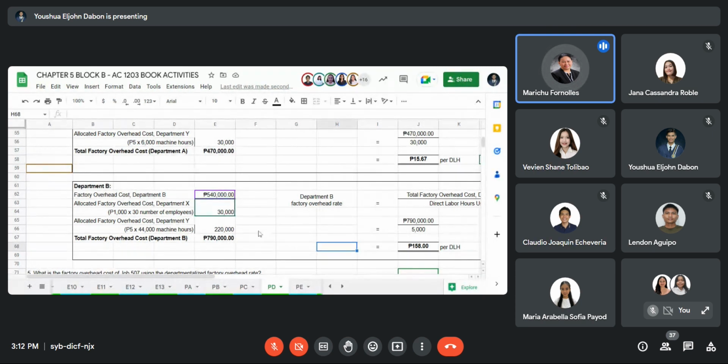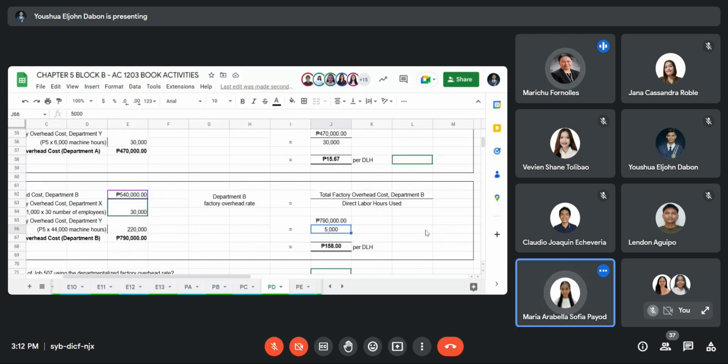It says here that production B is where mostly machines run the production. So in other words, your cost driver here will be the machine hours. So your divisor should be the 44,000 machine hours.